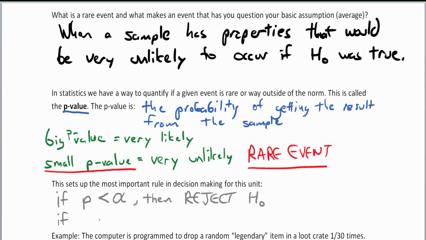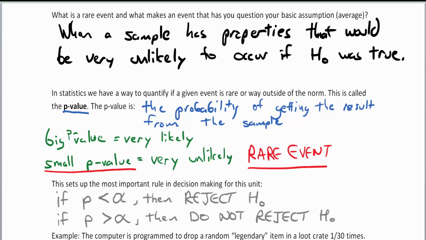If your p-value is greater than alpha, then you do not reject the null hypothesis. And as a reminder, we do not use the word accept. We're either going to not reject the null hypothesis because we believe it's true, or we reject the null hypothesis because we believe it's false. So reject if you believe it's false. Do not reject if you believe it's true.